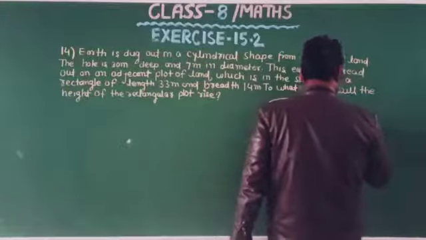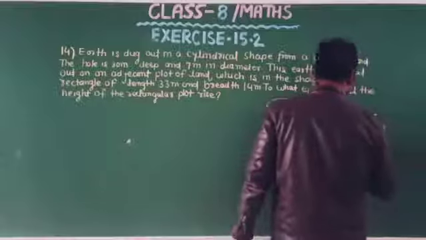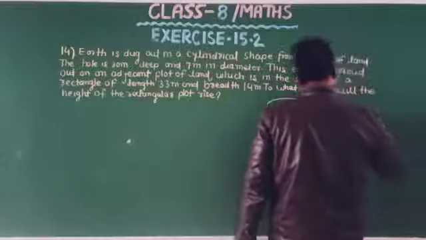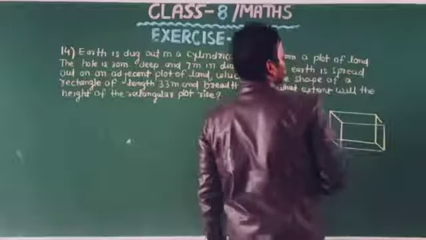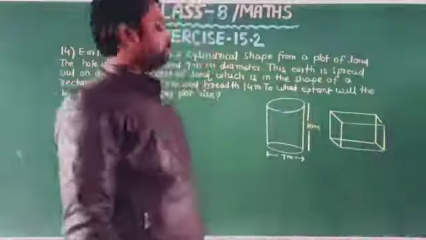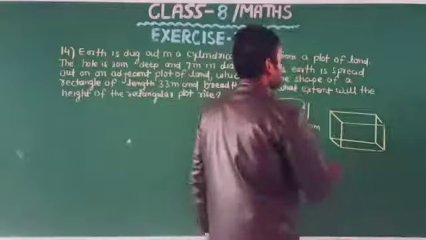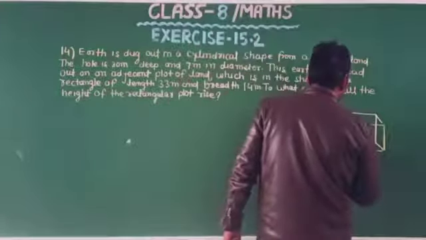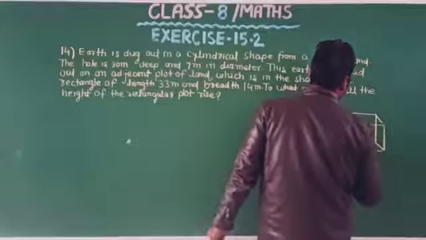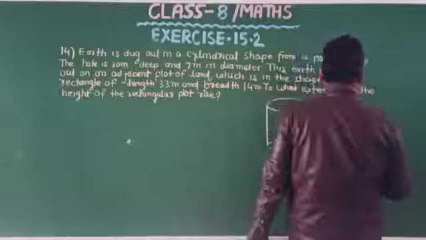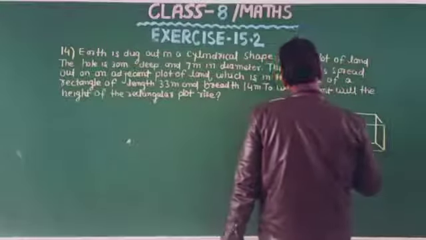Suppose this is the rectangular plot over which the soil is spread. The dimensions of the rectangular field given to us are 33 meter and breadth 40 meter.